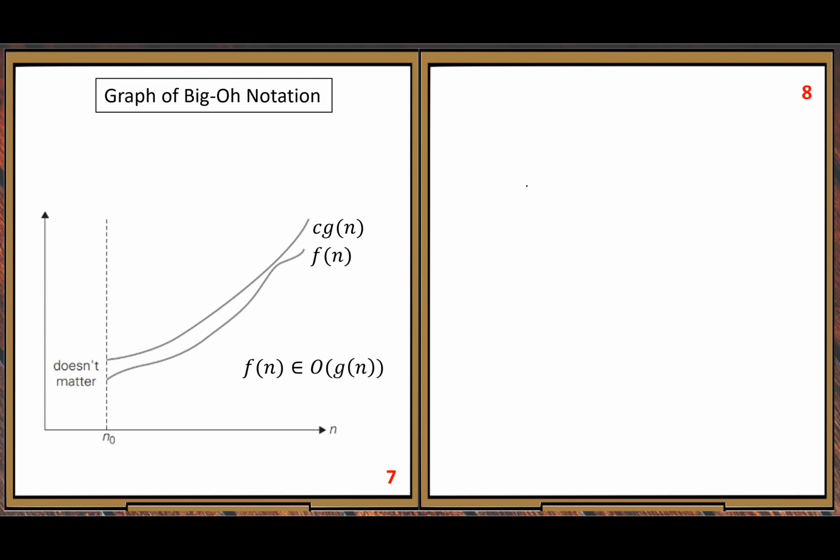We use a positive constant multiple of g of n as the upper bound. So we can find some positive constant c. Make sure this little c is positive, okay?